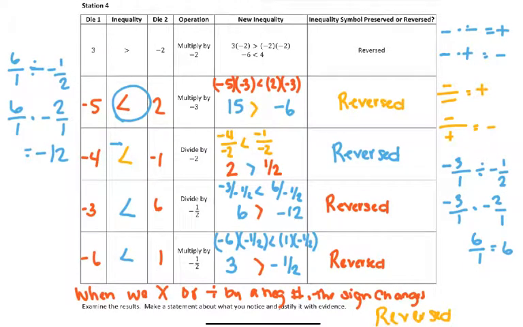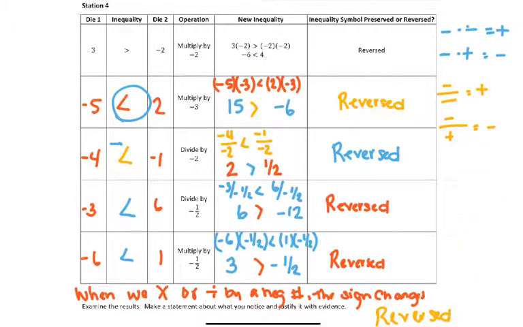All right, so now I'm going to erase this stuff on the side right here. We have 4 properties of inequality that we can use. So remember, the first property of inequality is we can add or subtract numbers, and our inequality symbol is preserved. The second one is when we multiply by negative 1, our inequality symbol is reversed. It changes.